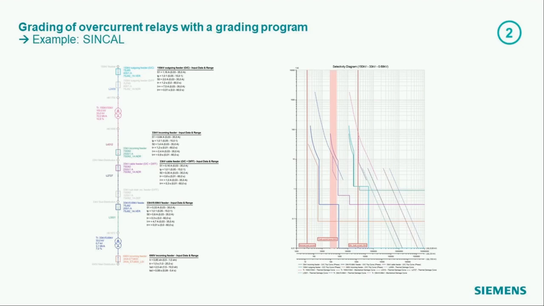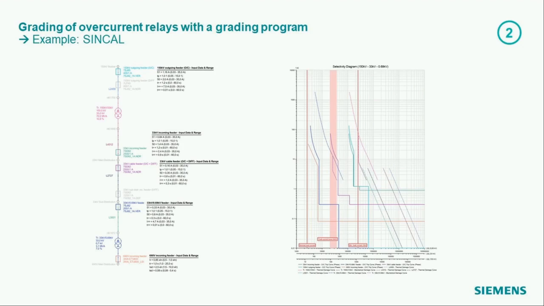On the left-hand side you see the input, that means the topology of the network with transformers, with protection relays and so on. And then on the right-hand side you see the result. You see here the grading curves of the different relays. In this case, that is a combination of definite time and inverse time relays.